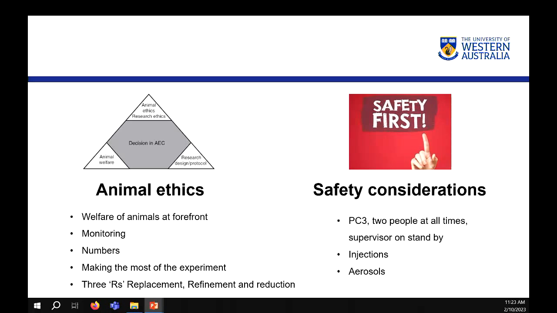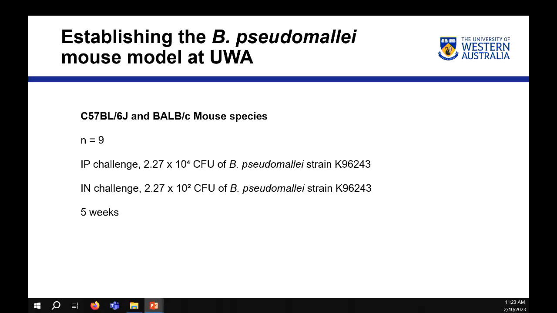And then the 3 R's: replacement, refinement, and reduction. Then there are safety considerations. At PC3, two people have to be in there all the time, and the supervisor, me, is on standby all the time. Injections and aerosols are the risks, so safety also has to come into this.